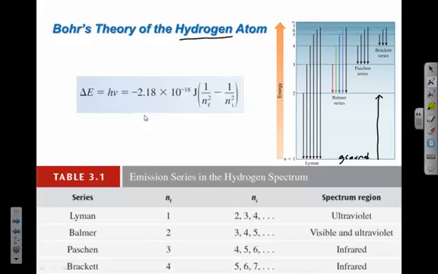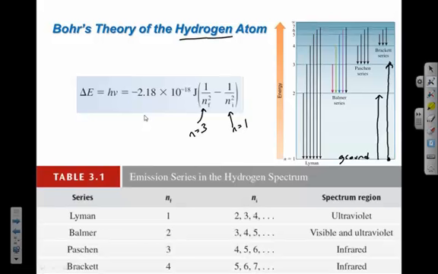If I have more energy, then I could potentially excite it to n equals 3 or even higher, to 4, 5, or 6, right? But the energy difference, say between 1 and 3, I can calculate the exact quantity of energy if I put in n equals 3 here and n equals 1 here. So I put a 3 in, and that would be 3 squared, because of the squared in the formula, and I put a 1 in for the other value for n. That tells me the energy associated.